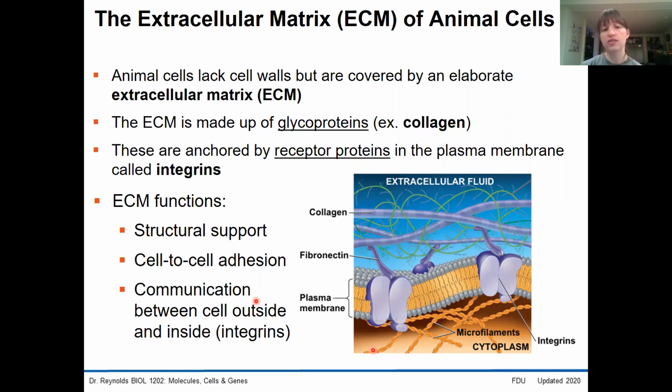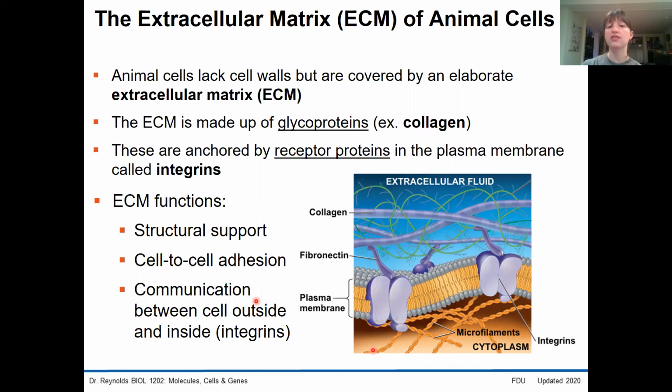It's also necessary for cells to adhere to other cells, which is very, very important in how cells regulate. You exist as tissues, which are cells touching other cells, being arranged into layers and boundaries. But this also allows cells to communicate between the inside and the outside.